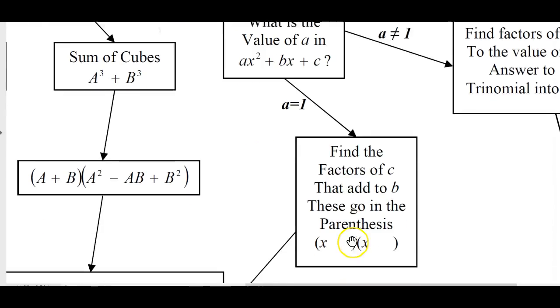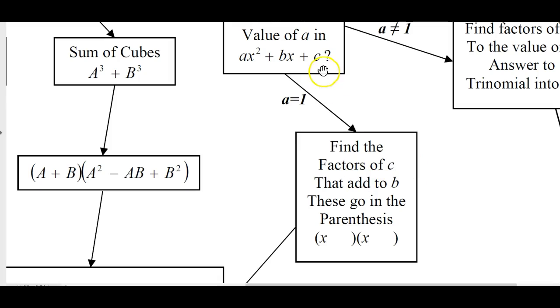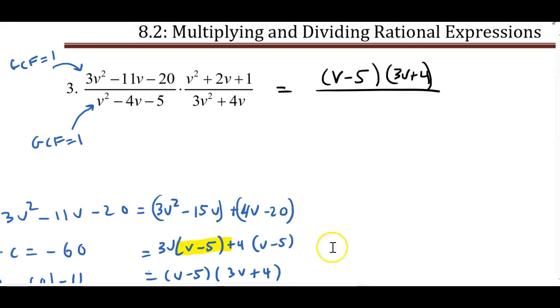So now we move here. It says find the factors of C, so find 2 numbers that multiply to C and add up to B. Correct. So that's v and v, minus 5 and plus 1.